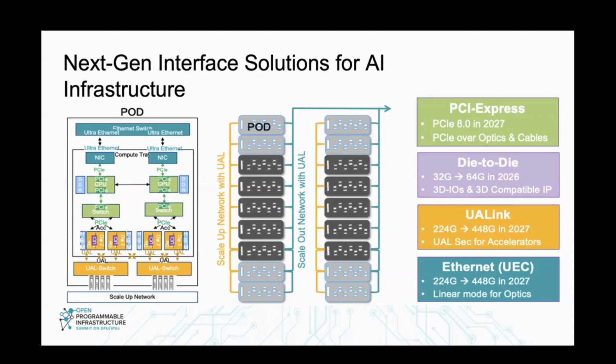So OPI's mission is to provide the common APIs with that infrastructure. OPI has not really ever said we ought to tackle direct configuration of the IC interface, other than where they touch the virtual functions that are DPUs on PCIe and things like that.